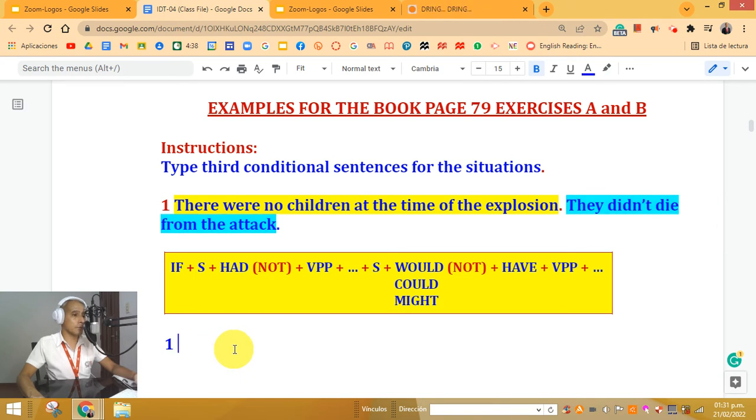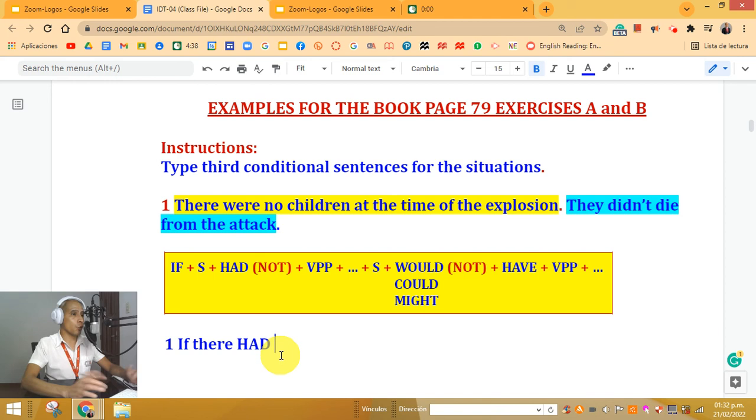How do I do that? Very simple. First, I copy the conditional. In this case, the conditional is if. Then I copy the subject, there. According to the formula, I need to use had. If there had, now here I have the verb were, which is the verb be.